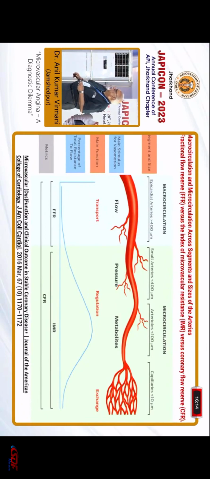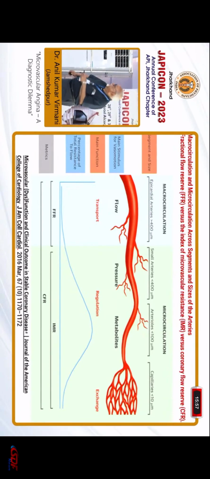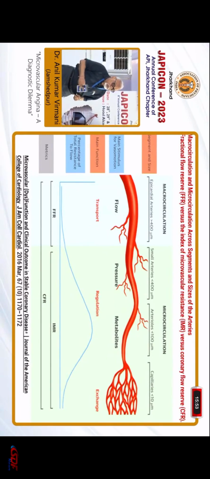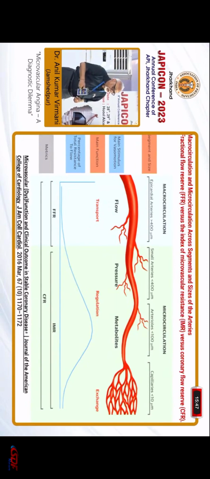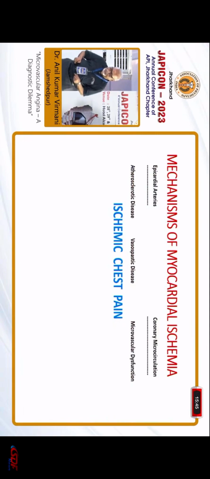There is something called fractional flow reserve, and that tells us something about the macrocirculation. And there is something called the coronary flow reserve, which talks of the total coronary flow reserve. When you look at the microcirculation, it is the index of microvascular resistance, which is very difficult to measure. So you have to remember only two things, the FFR and the coronary flow reserve.